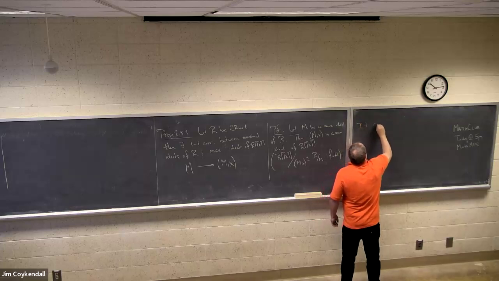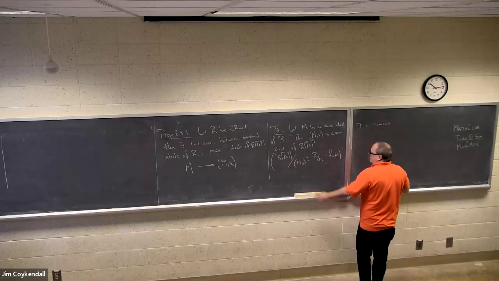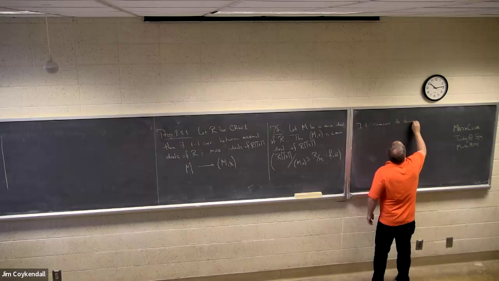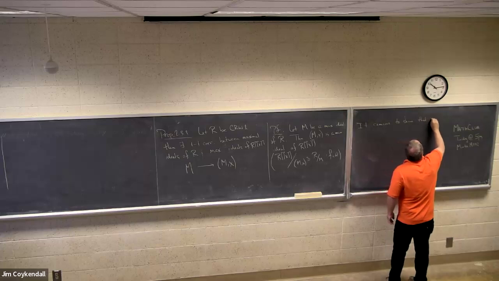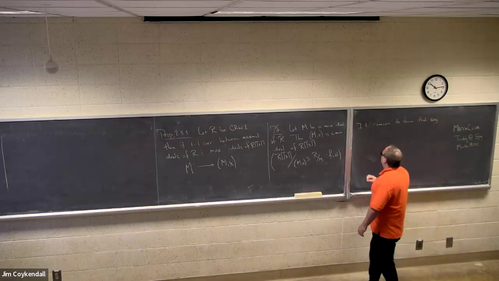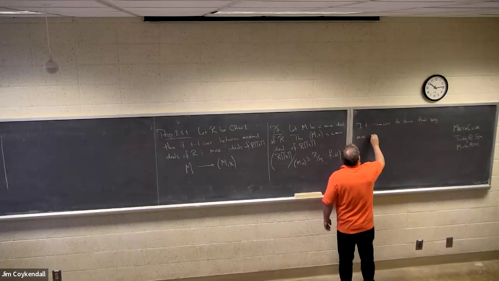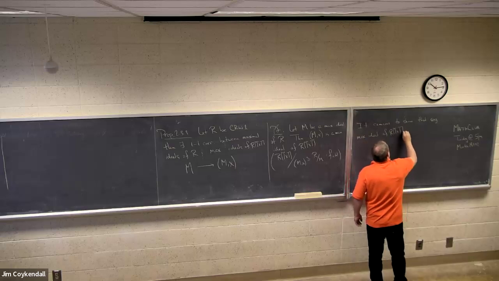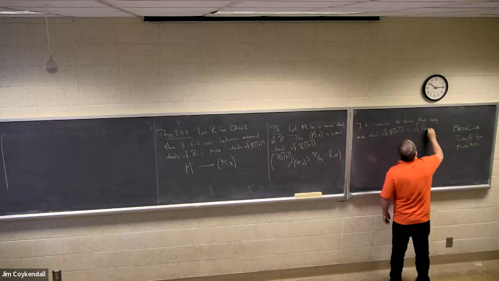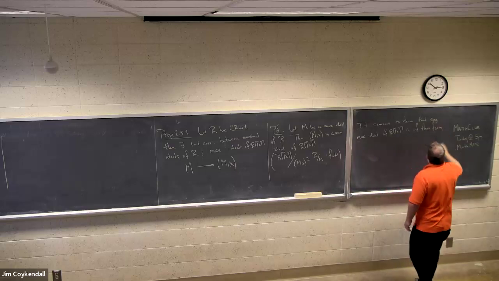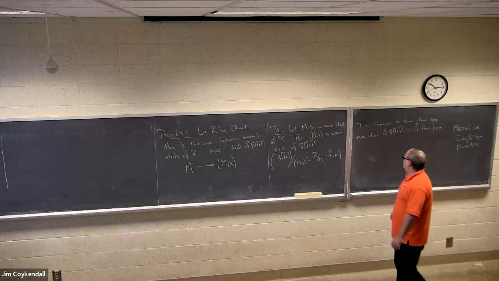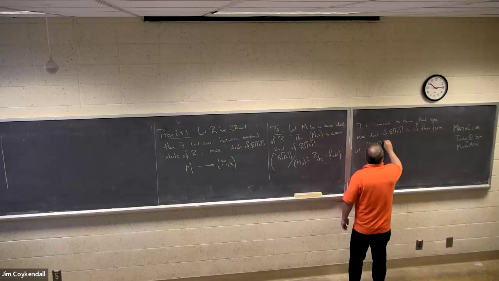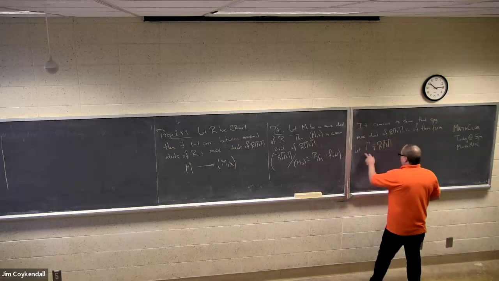It remains, now that we've noted that this corresponds one to one, it remains to show that any maximal ideal of R[[x]] is of this form. So if I just give you a random one, suppose I pick a maximal ideal Γ.